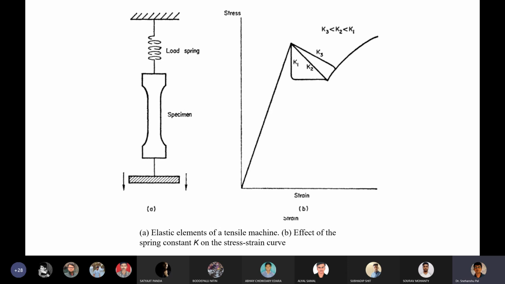That part we should also be aware of. Before studying the yield point phenomena any further, it is necessary to dispose of two elementary facts: the important aspects of measurement of yield points and the effects of tensile machine and specimen stiffness.